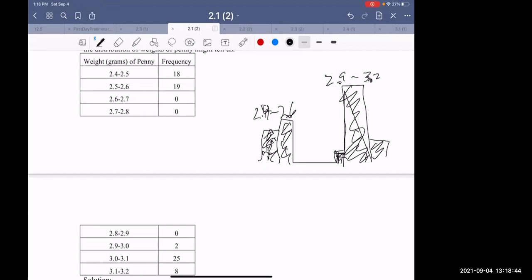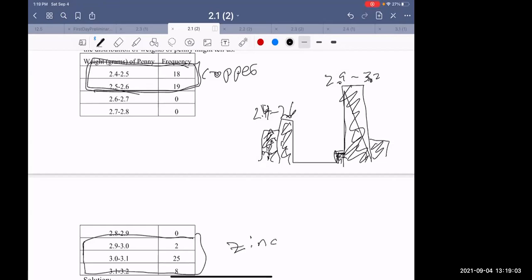And that's because pennies are no longer made with copper. So the old coins were made with copper. The newer coins are made with zinc. And what they do is they fool you.